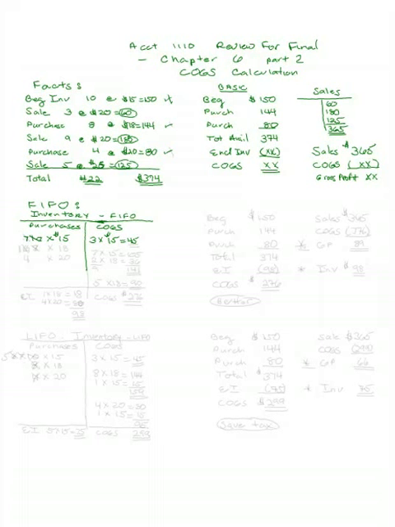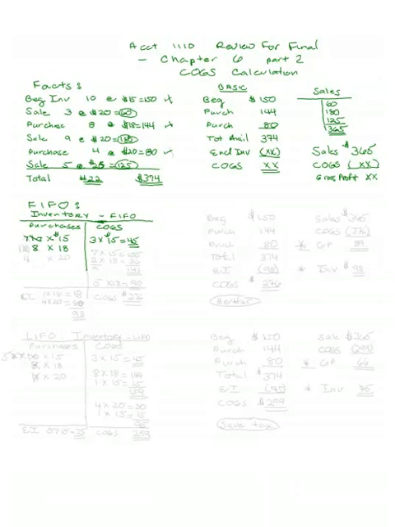We sold 3, and next we buy 8. So now we have in our inventory 7 units at 15 and 8 at 18 for a total of 15 units. We just picked up this purchase. Now we sell 9. Well, which 9 did we sell? First in, first out.